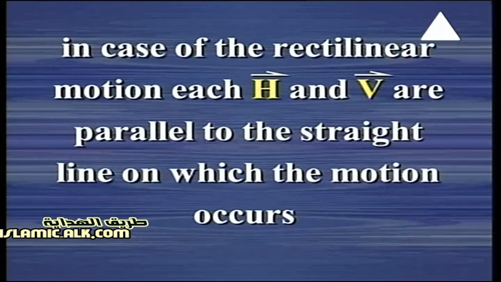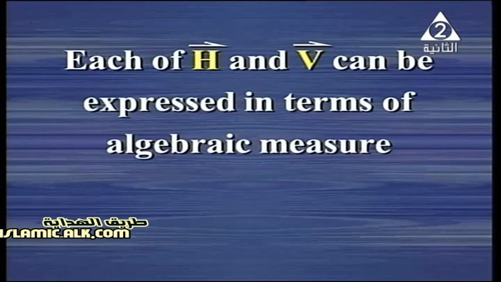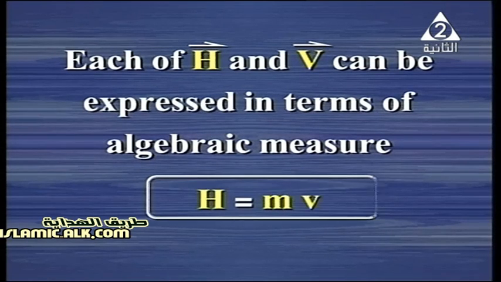In this case, dear student, of rectilinear motion, momentum H and velocity v are parallel to the straight line on which the motion occurs. Momentum H and velocity v can be expressed in algebraic terms. What is the algebraic term? H equals mv. We have two equations.